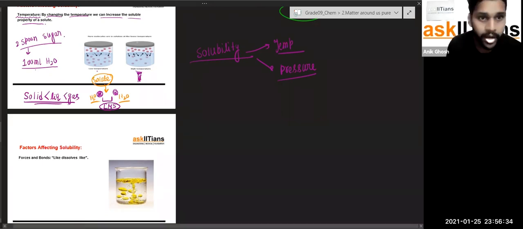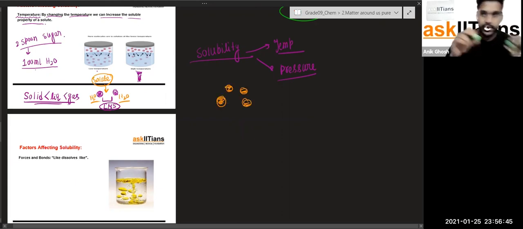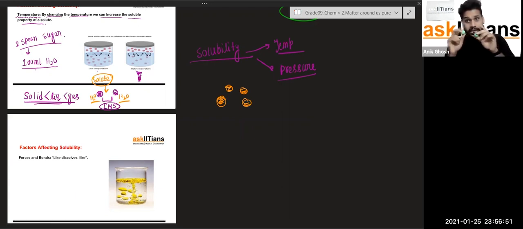So the thing is, now when you start heating the object, what would happen? These are the molecules, and there are some spaces in between them. When you start heating it, what would happen? The kinetic energy, so the energies of each of the molecules are increasing, because you are giving energy, isn't it?